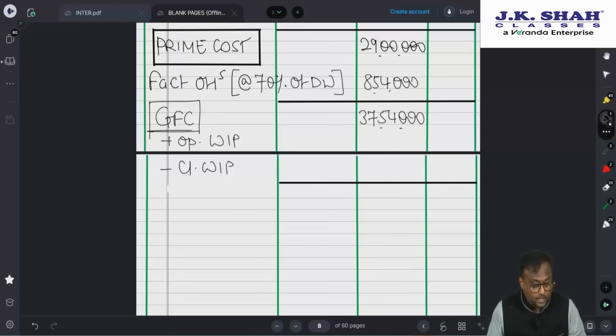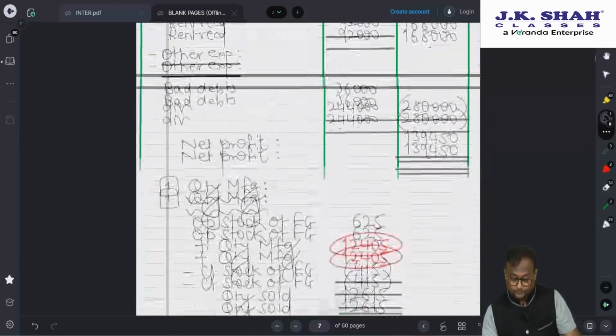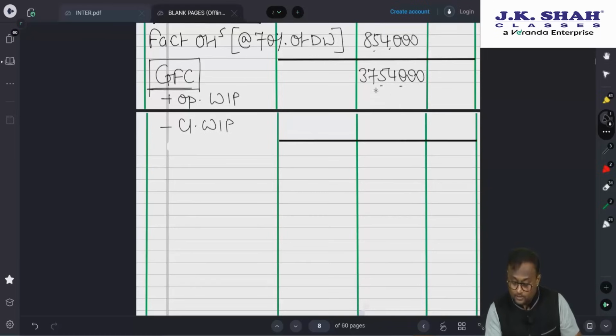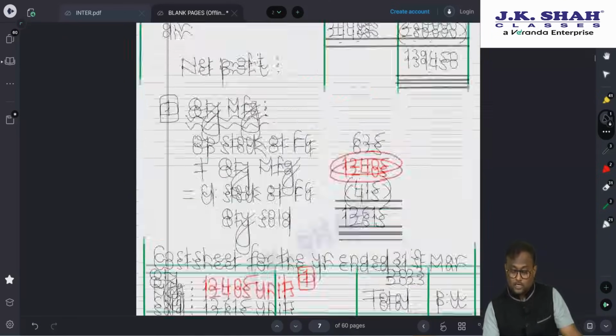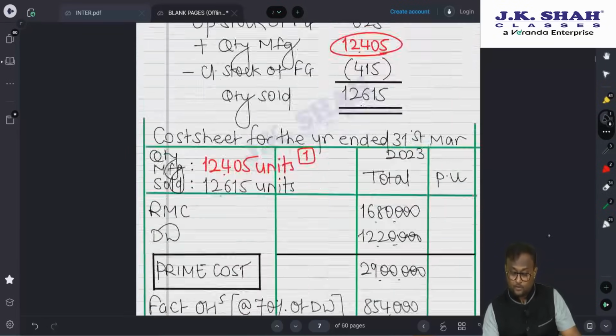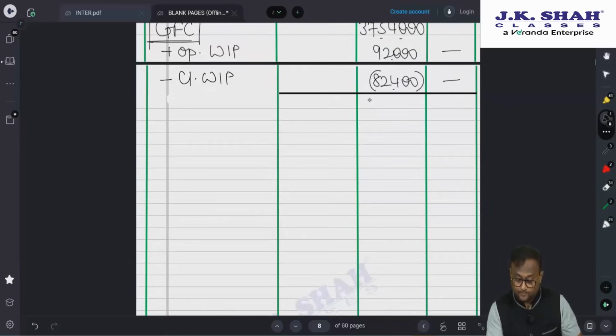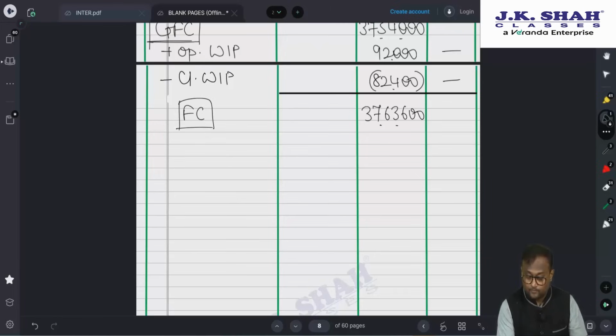So my opening WIP is 92,000 and closing is 82,400. 92,000 will be added, 82,400 will be subtracted. 37,63,600 is my factory cost.